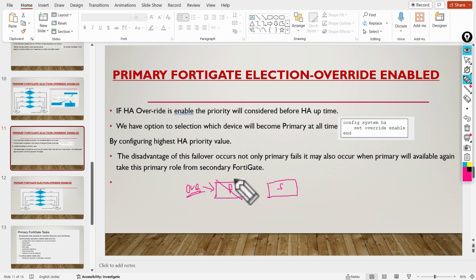Now this FortiGate fails. On the unavailability of the primary FortiGate, the secondary FortiGate becomes active. Now due to any reason, let's consider the power issue got resolved, this primary firewall becomes available again. So what will happen? Another failover will trigger to make this FortiGate active again. So this is an extra failover event caused if we enable HA override. This is the only disadvantage.